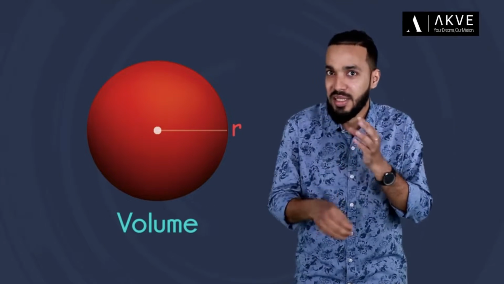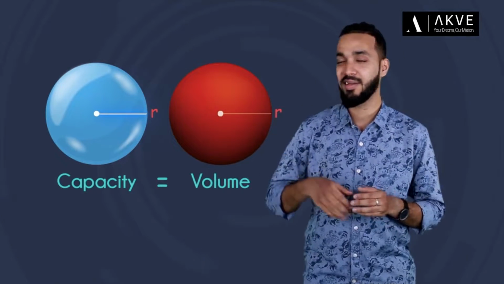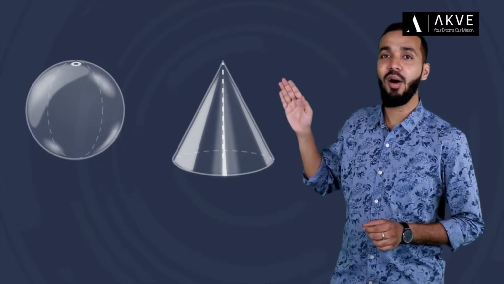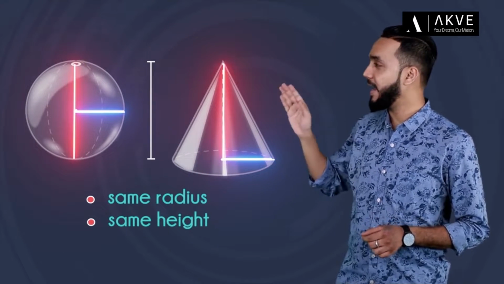So, let's perform a simple experiment to find the capacity of a hollow sphere. For this experiment, we would of course need a hollow sphere but with a small hole at the top. And we would also need a right circular hollow cone with the same radius and the same height as the sphere.